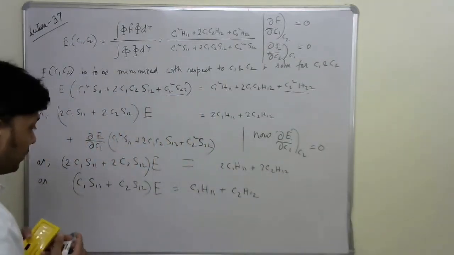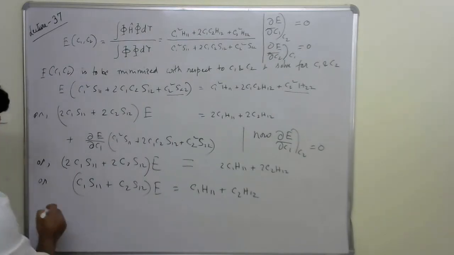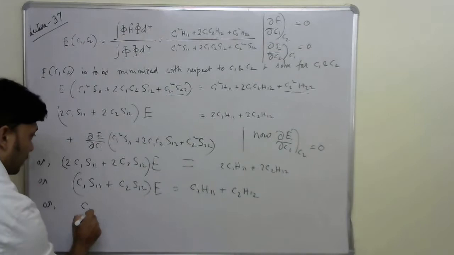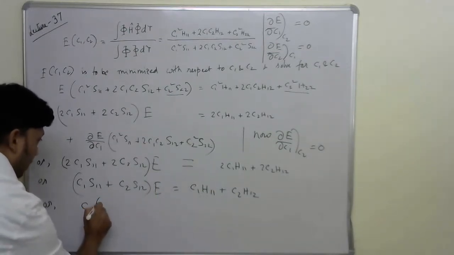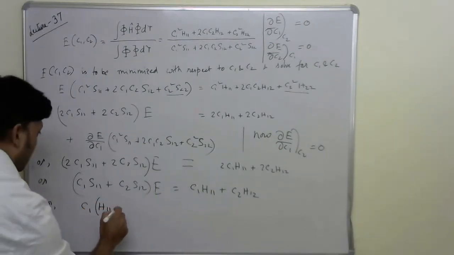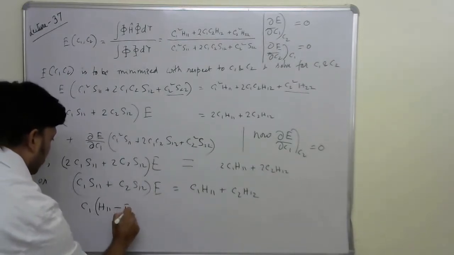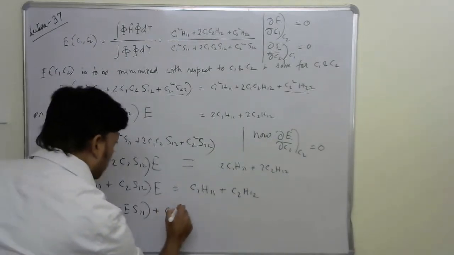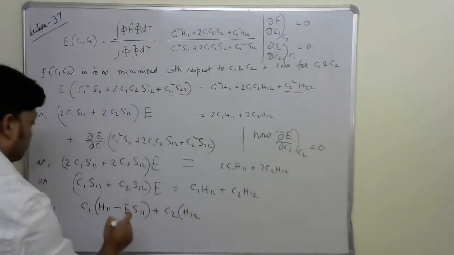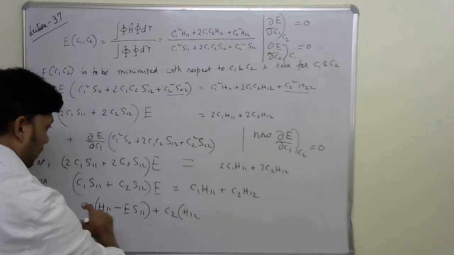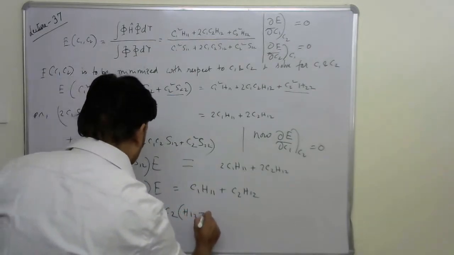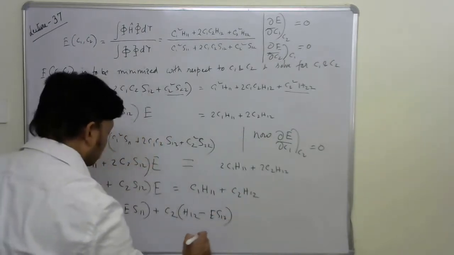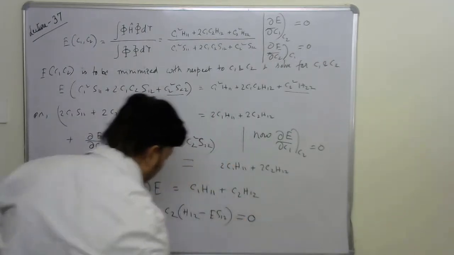Why am I doing that? It will be clear to you soon. So I want to take C1 times, within bracket, H11 minus E S11, plus again C2 within bracket H12 minus E S12, is equal to 0.